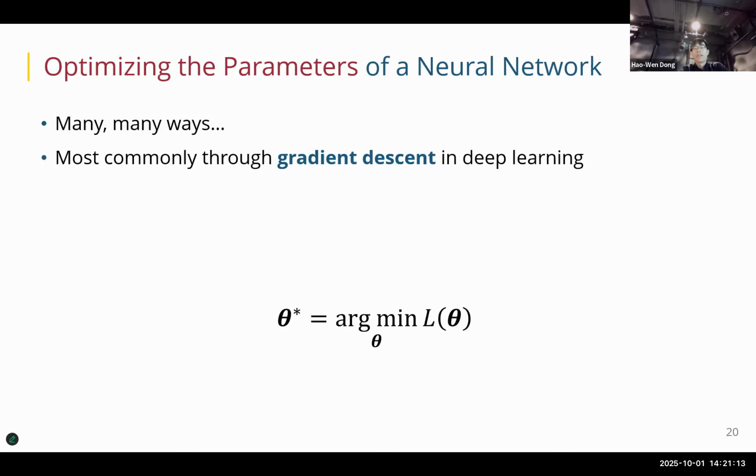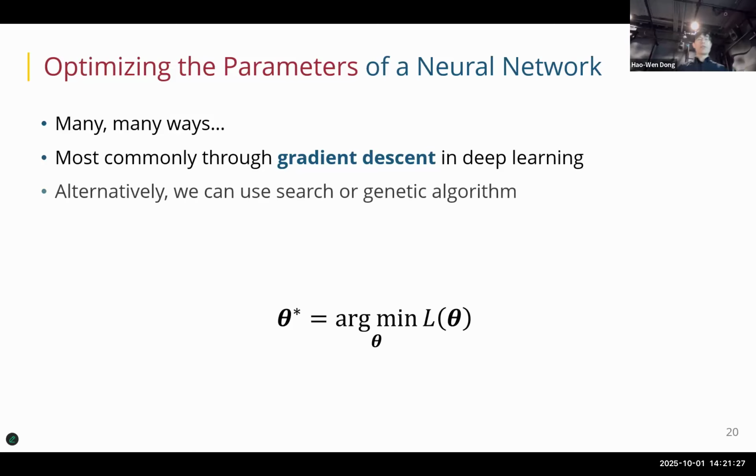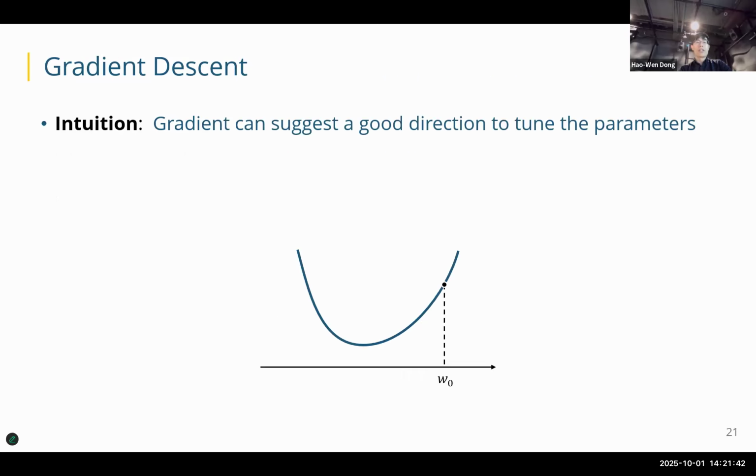It's just that nowadays it's much more efficient because of GPUs. There are also tons of optimization challenges, and somehow gradient descent works pretty well if given enough computation budget. You can also use search or genetic algorithms. There are some papers later on that didn't use any gradient descent, and you can do something very interesting. Cool. So, gradient descent.